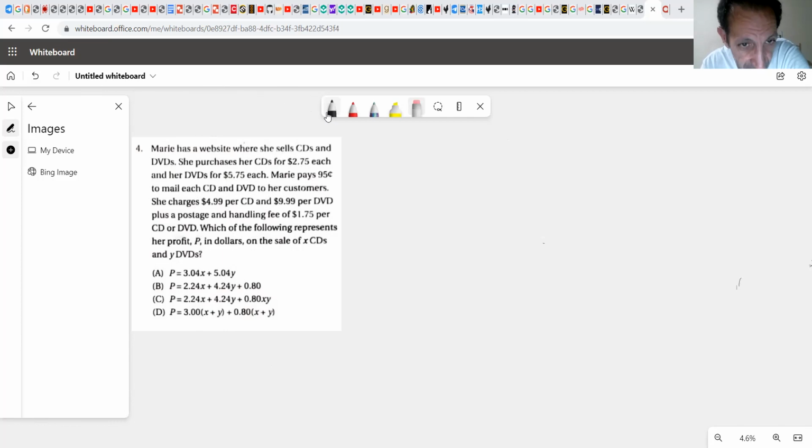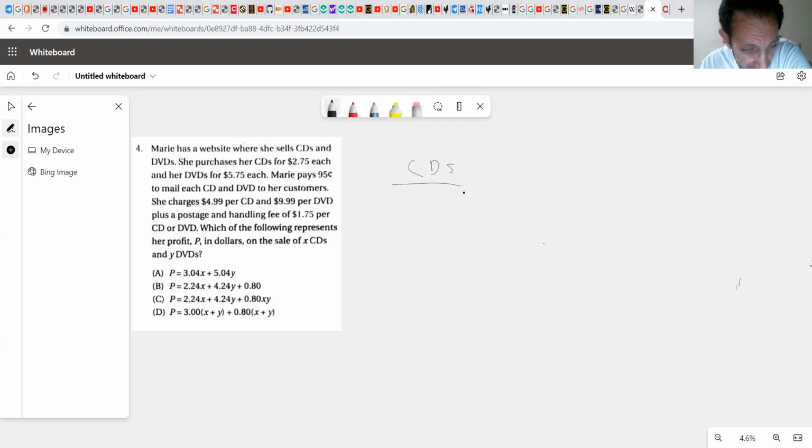All right, so first let's start with the CDs. I'm just going to write CDs and break it down. I'll work on CDs first, then I'll work on DVDs. It says it costs $2.75 for each CD.